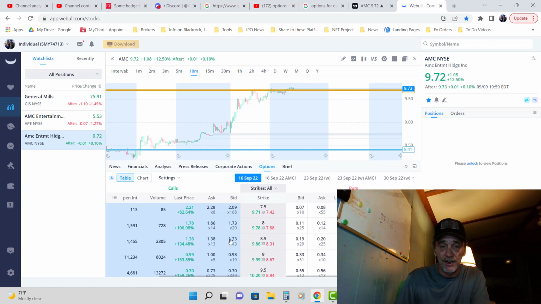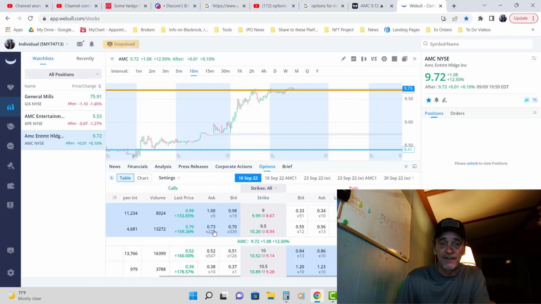Same thing here, and then you just keep going. $1, it's only going to be worth 98 cents. $73 is only going to be worth 70, and so forth. This one here at 52 cents a share is going to be worth 51 cents. That's a good call option. There's no big spread there for you to have to cover, but it's going to have to move up from $9.72 to $10. So it's that simple.